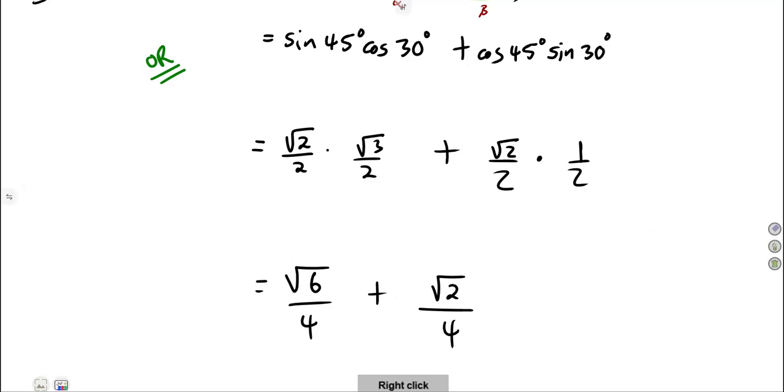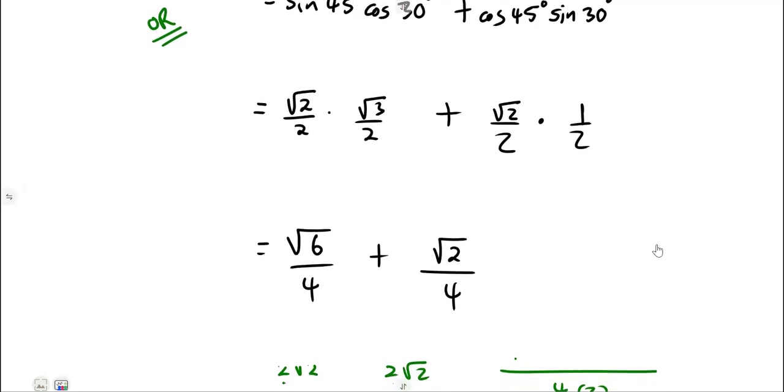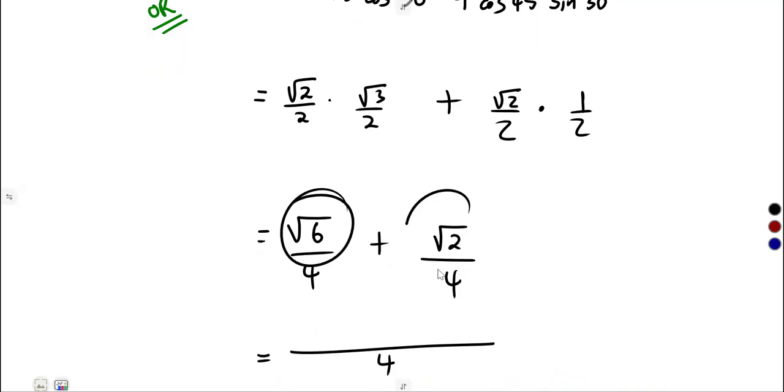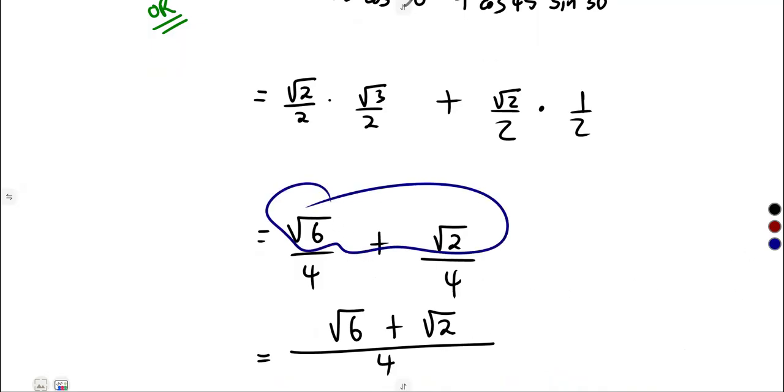Whenever this happens, you simply combine the numerators under that denominator that you're given. In the denominator of 4, combine the numerators together. Square root of 6 plus square root of 2, just as it is there. This is exactly what we got.